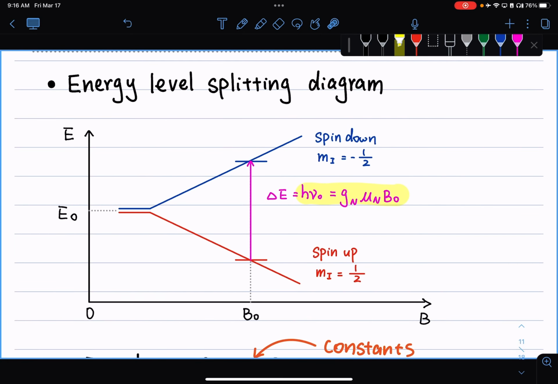So when we talk about nuclei with spin equal to 1/2, it means you have spin up and spin down. Remember, our electrons also have spin of 1/2. So the consequence there is that if you have electrons that are surrounding or neighboring your nuclei, these neighboring electrons can create what we call a local effective field and shield the nuclei from the magnetic field.